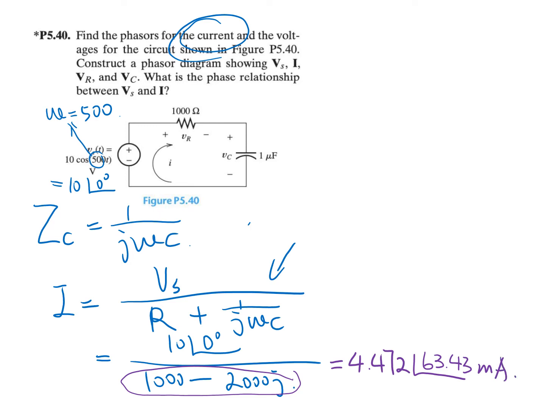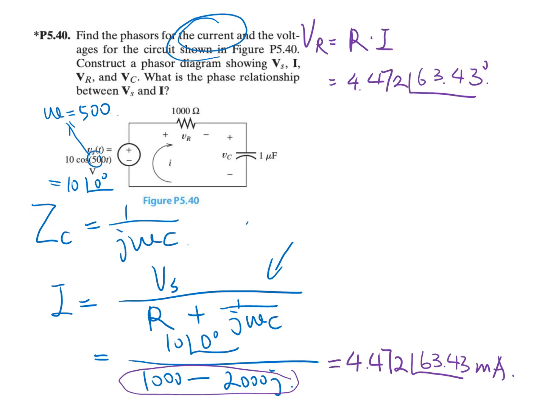Now it's very easy to find the voltage values VR and VC. We simply apply Ohm's law. VR is equal to R times I. That is 4.472 at an angle of 63.43. And we can also find the value for VC.